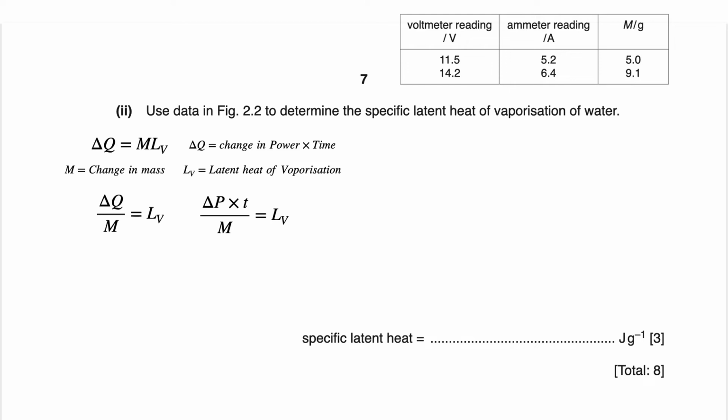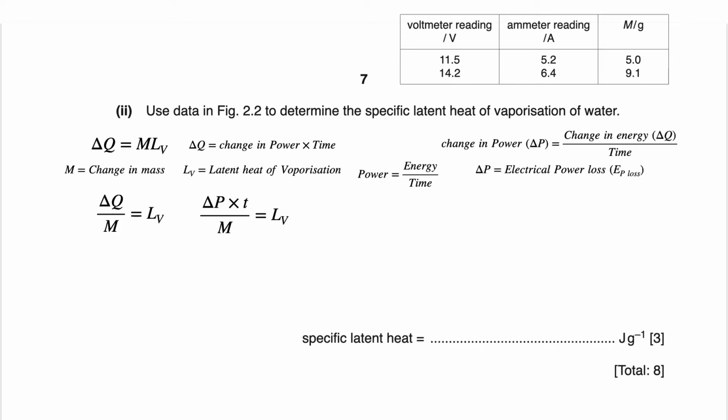But now we have to know what the power is. Power is energy by time. The delta P is actually the electrical power loss. Why power loss? Because we are supplying electrical power. The power loss from the heater is actually the power gain for the water. That's why we are interested in this.